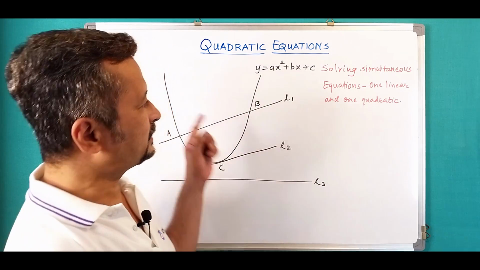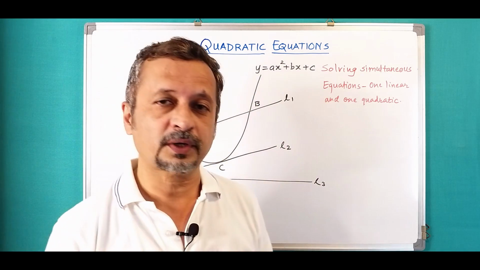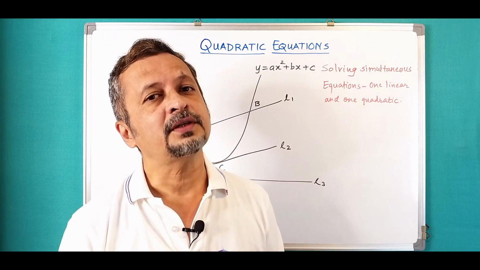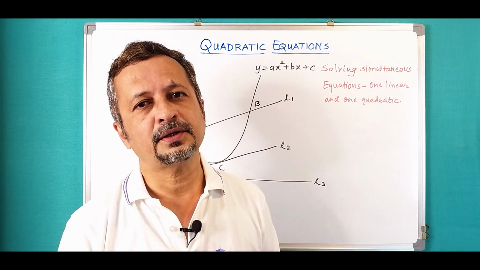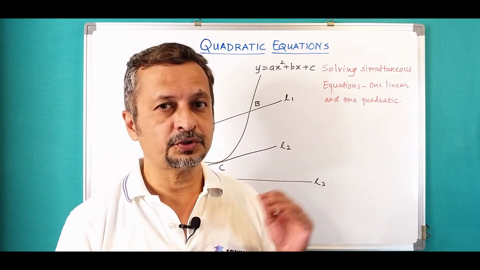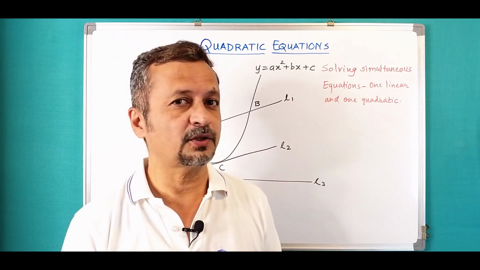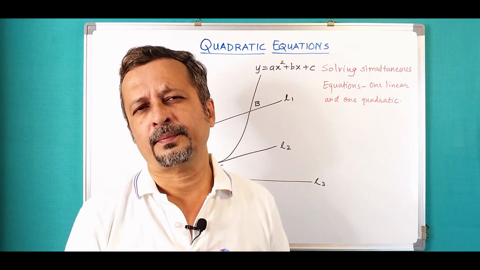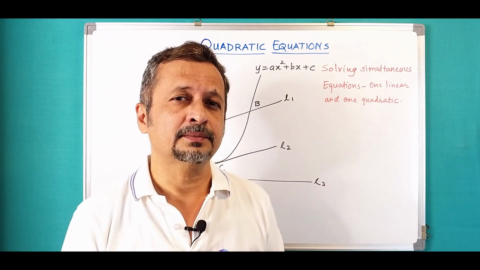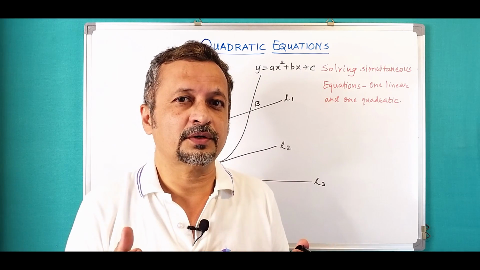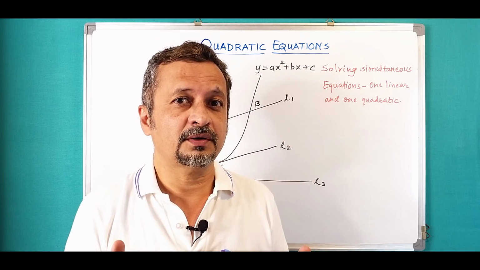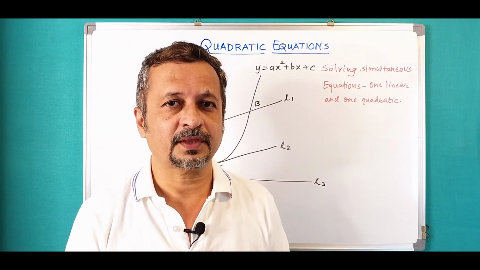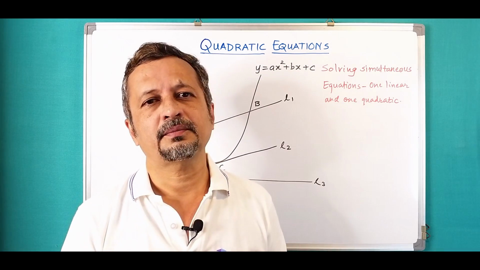Is it cutting this quadratic curve? No. So if I have to find the solution here, we are not getting any points of intersection, correct? So let us take some examples.